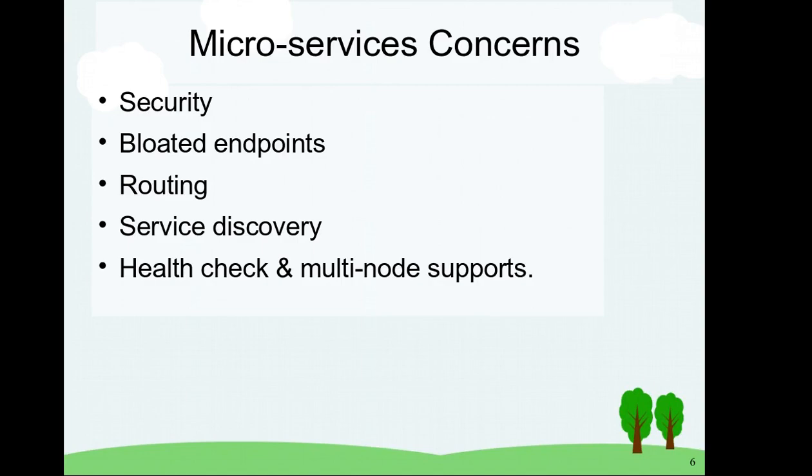The next one is load balancing, because like I said, each of the microservices can have multiple nodes, multiple instances, and the service discovery needs to be able to return the location of this service based on certain algorithms that will enable it to distribute requests to all the instances evenly.